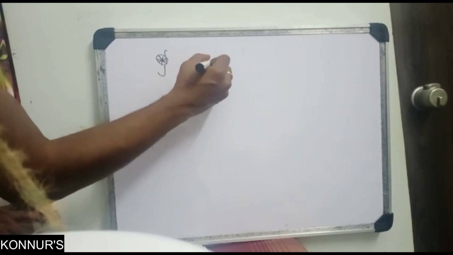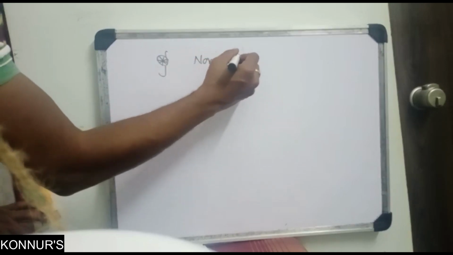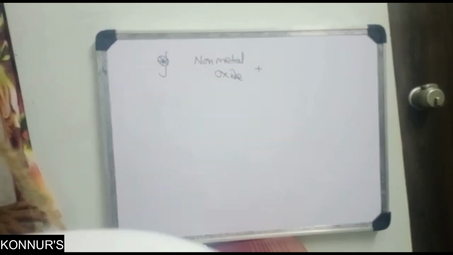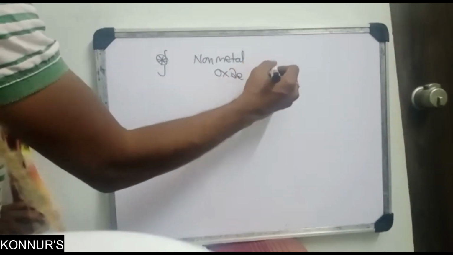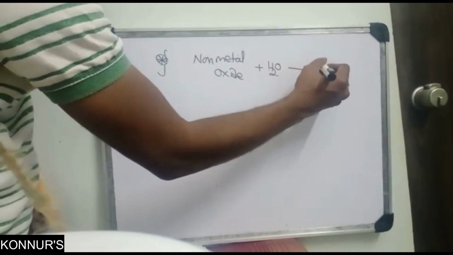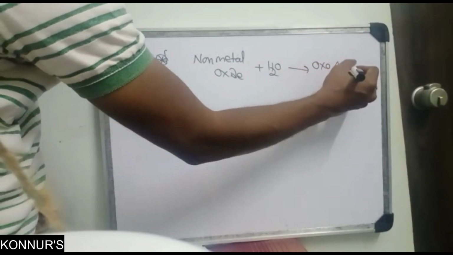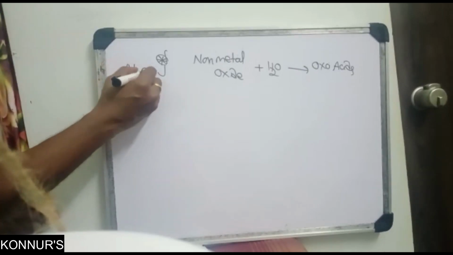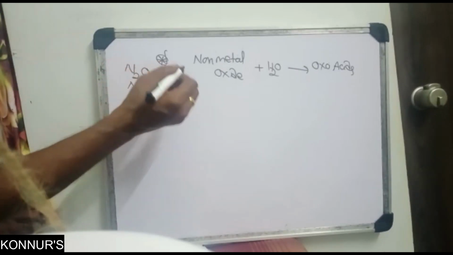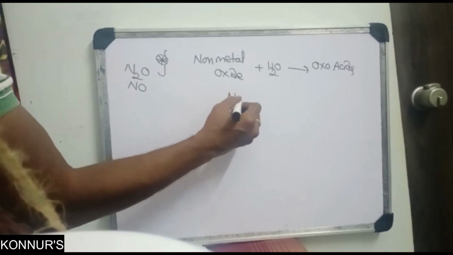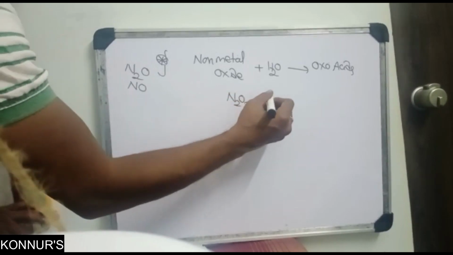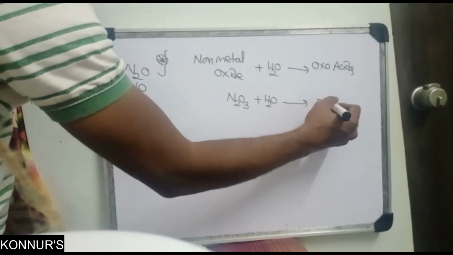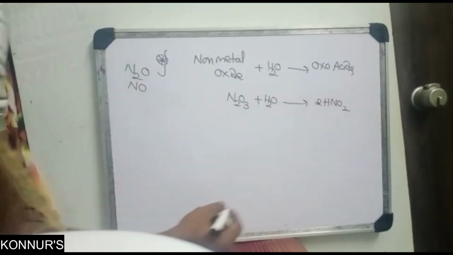Next, non-metal oxides. Many times we already discussed that non-metal oxides react with water, and you get oxo acids. N2O and NO are neutral, so they are not reactive with water. You take N2O3 plus water, you are getting 2 moles of HNO2.